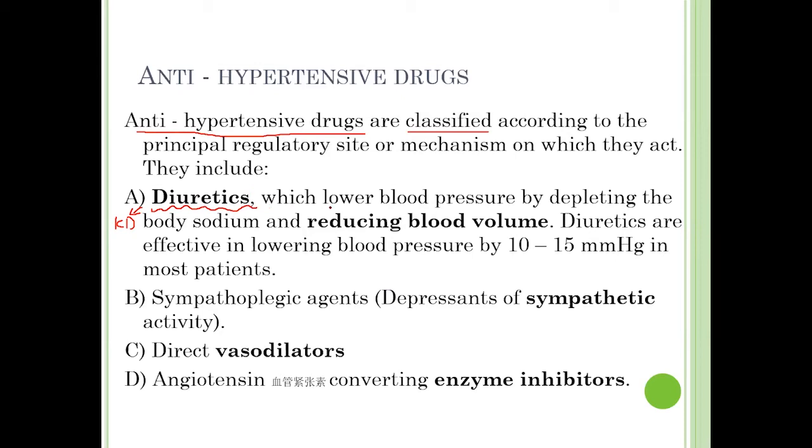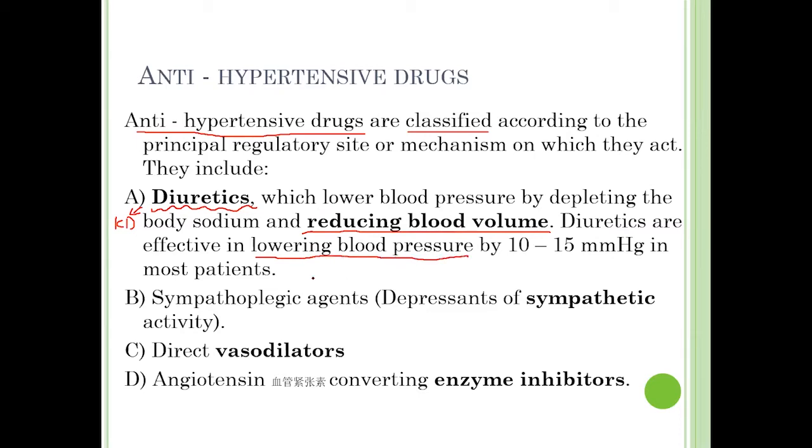When they produce more urine, that truly reduces the blood volume, and from reducing the blood volume, they reduce the blood pressure.